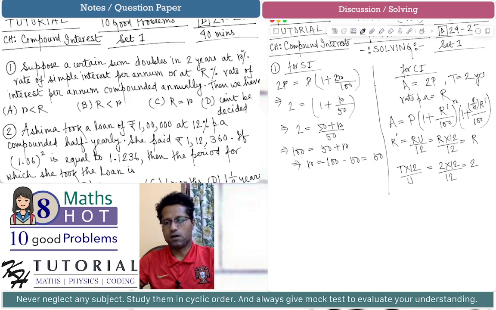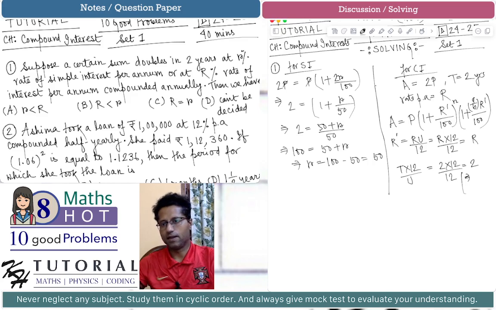Now if t multiplied by 12 divided by u is 2, this will imply, as per the discussion that I did in the last video on the other channel, that is CBSE Maths 8 RS Agarwal, if you see the last video, you will understand that t multiplied by 12 by u gives, when expressed as the mixed fraction, n and a by b.